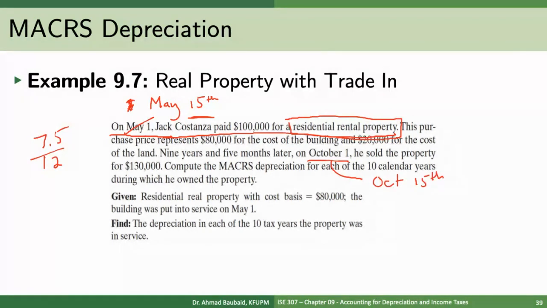How many months? Well, there are 9 months total, from January until September, before October. And then there's this half month in October, the 15 days. So my fraction for the final year is going to be 9 full months plus the half that is in October, divided by 12. And that's how you get the fractions.